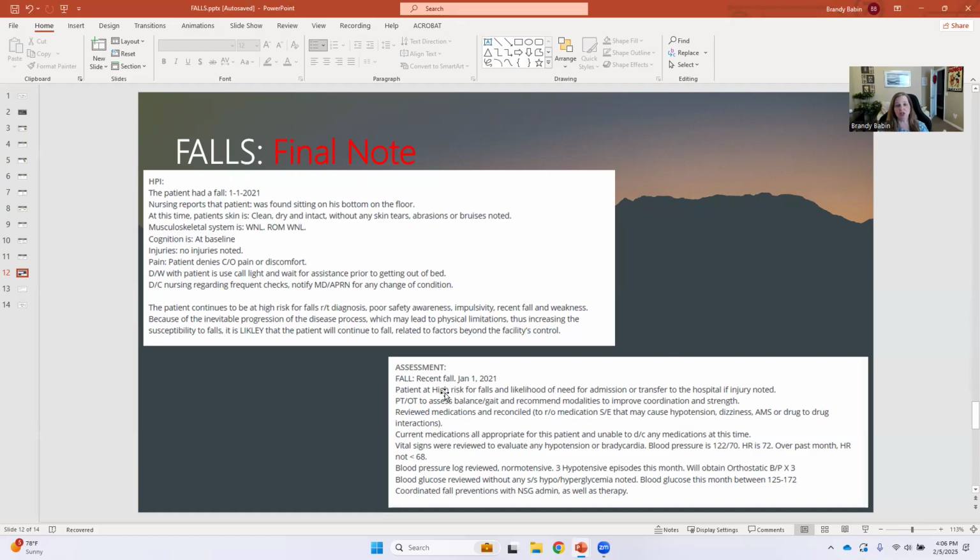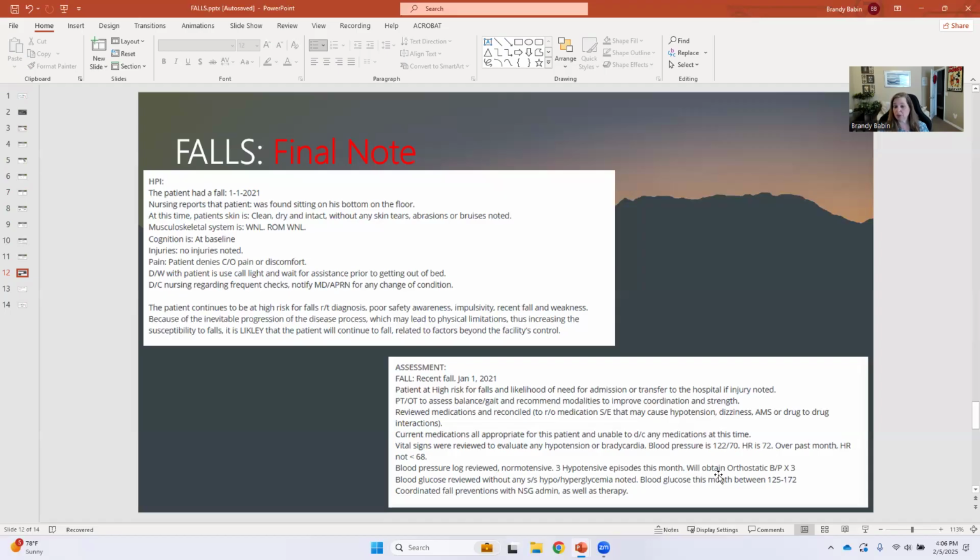They had a fall. They're at high risk for falls. You reviewed their medications. Their medications were appropriate. Their vital signs were good. Blood pressure is 122/70. Heart rate is 72. Over the past month, heart rate's not less than 68. Is that a big deal? Yes, it is. Blood pressure log reviewed, normotensive, 3 hypotensive episodes this month.